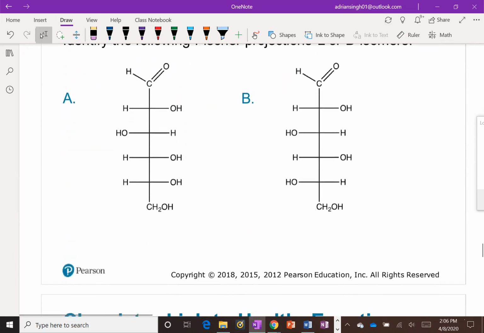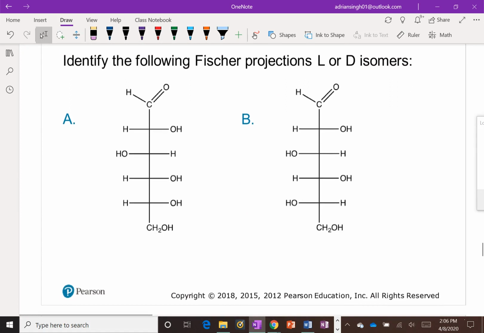So let's take a look at a couple examples. These are Fischer projections for a couple different sugars. And this is actually glucose here on the left side. So there's our aldehyde group here at the top. We locate that first, and then we start here at the bottom, and we want to find the chiral carbon furthest away from that aldehyde group. This is a CH2, this is not chiral.